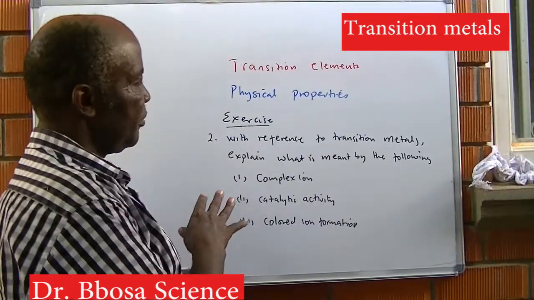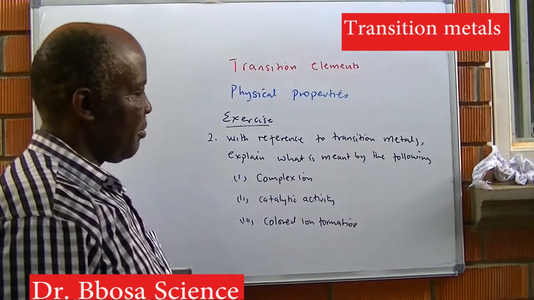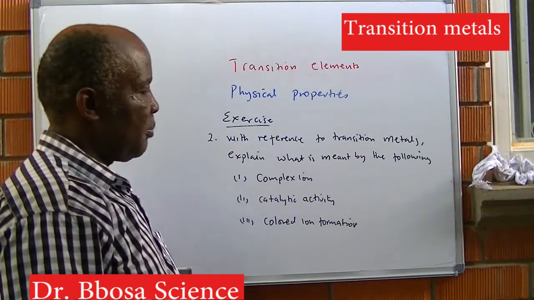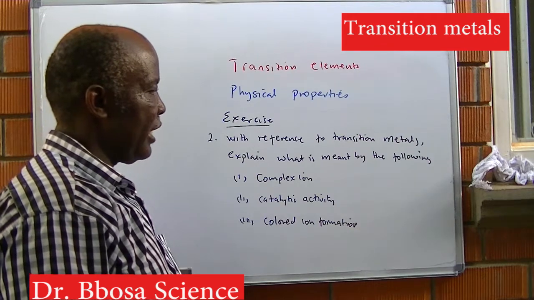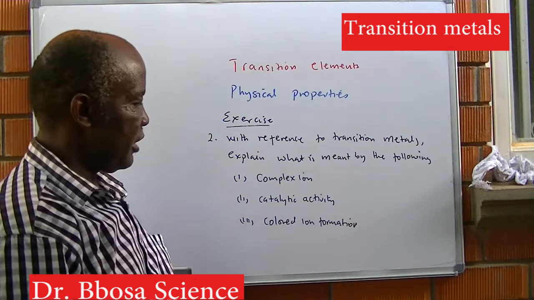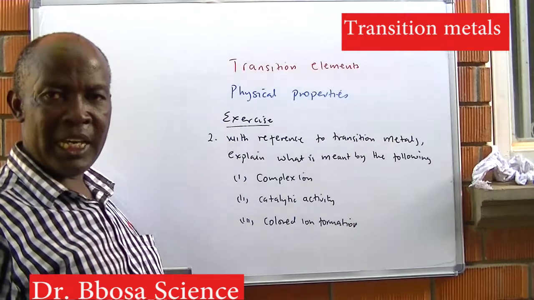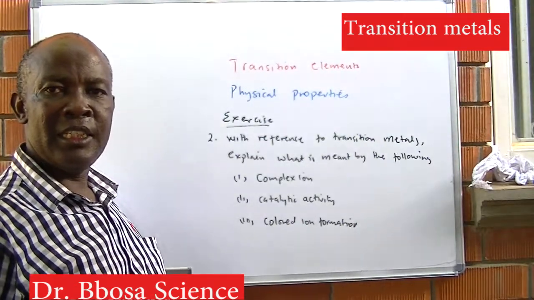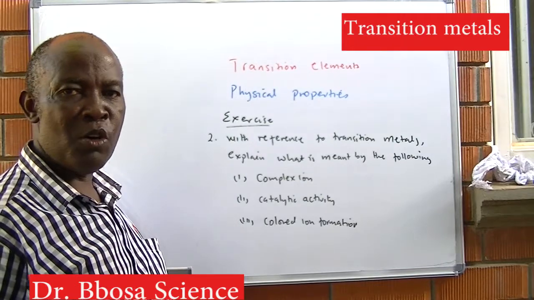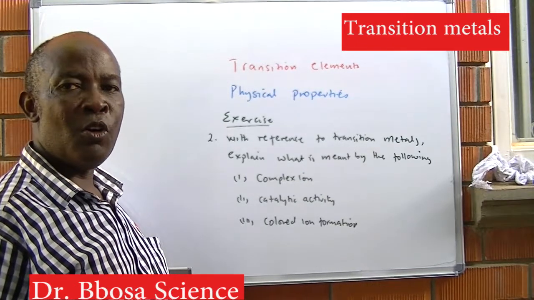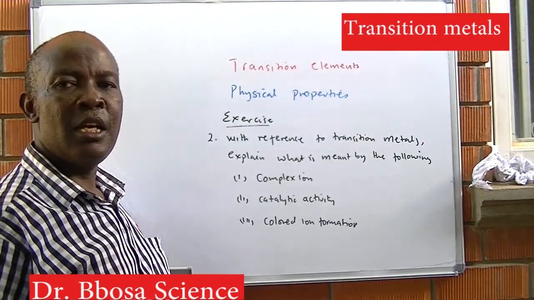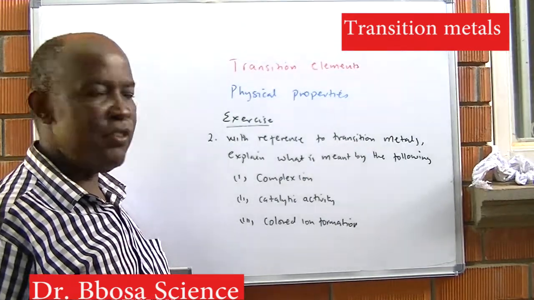With reference to transition metals, explain what is meant by the following terms. Complex ion. A complex ion is a cation bonded to small molecules called ligands through dative bonding.